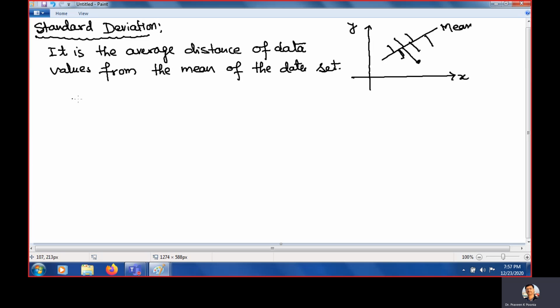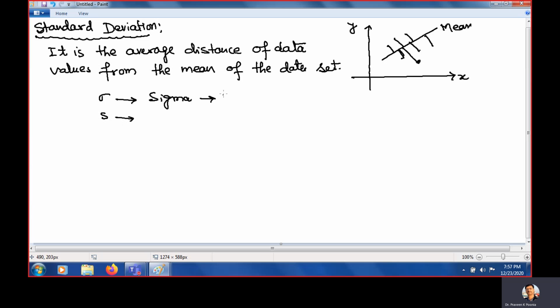Clear? There are two types of notations for this standard deviation. One is sigma, this is the notation for standard deviation, and another is s, this is an English word, small s. Clear?